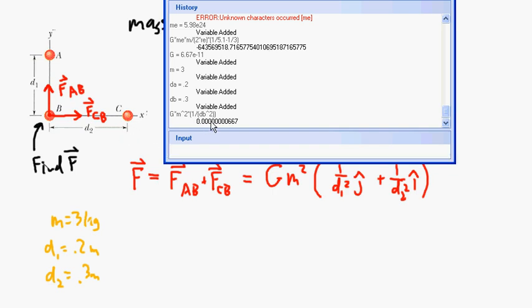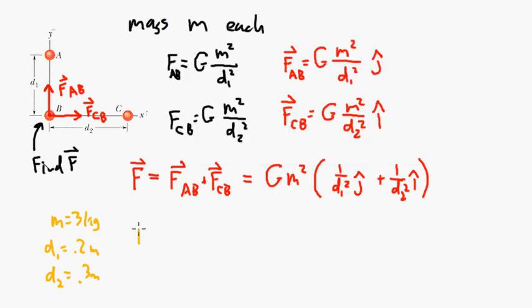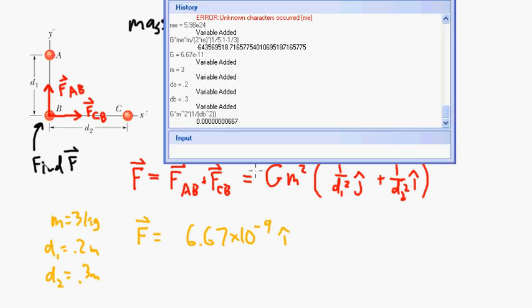1, 2, 3, 4, 5, 6, 7, 8, 9. So, is that really it? I guess so. Okay. So our force then is going to be 6.67 times 10 to the minus 9 i hat newtons. 1, 2, 3, 4, 5, 6, 7. Yep.